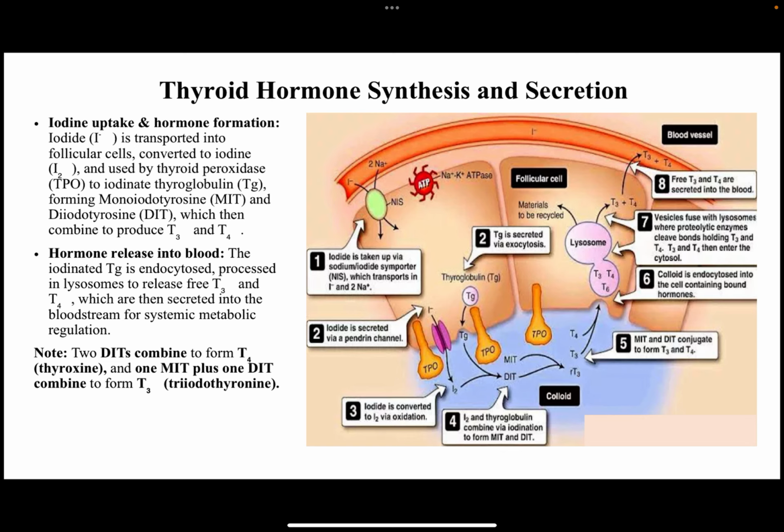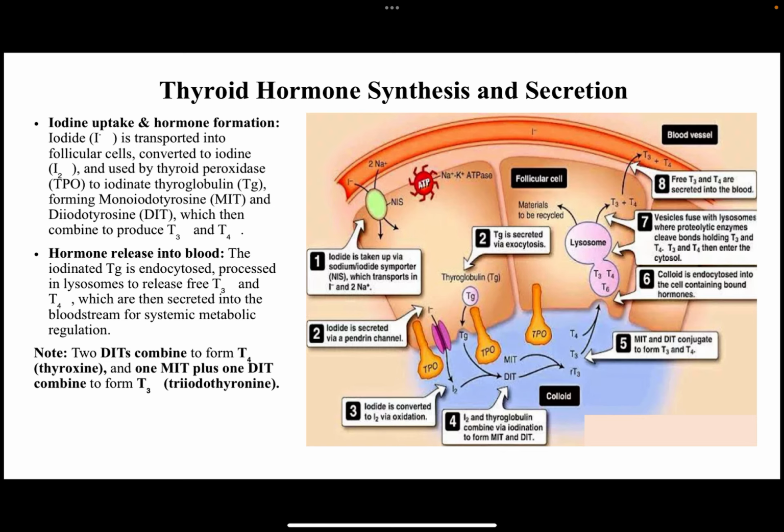Then one diiodotyrosine combines with another diiodotyrosine, meaning DIT plus DIT, and that gives us T4, thyroxine. These two hormones are the thyroid hormones, T3 and T4. We get them during the coupling of the iodotyrosines. Then now we have T3 and T4.